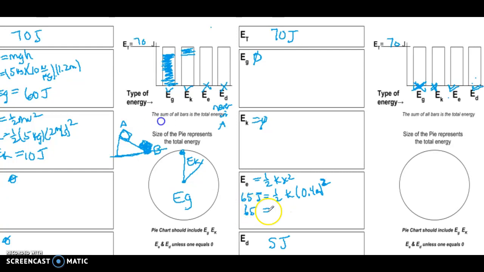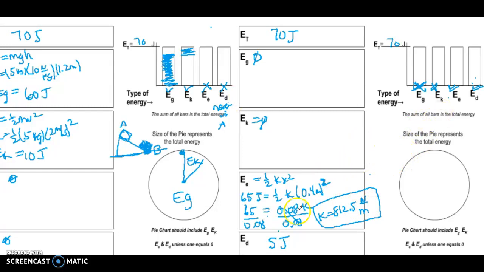So 65 equals 0.4 squared is 0.16, times 1/2 is 0.08 K. Now divide by 0.08. 65 divided by 0.08, and I get a spring constant of 812.5, and remember spring constants are in newtons per meter. It's telling you the strength of the spring, which is a pretty strong spring right there.